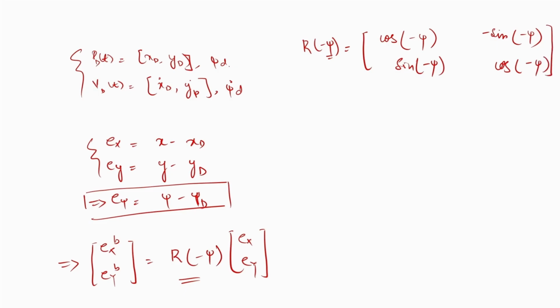So this will become like this, cos of psi. We know this property of the cos angle: when the angle has a negative sign, the sign is automatically removed. So we obtain cos psi. Let me write it over here. Cos of minus theta is actually cos of theta, and sine of minus theta is equal to minus sine of theta.